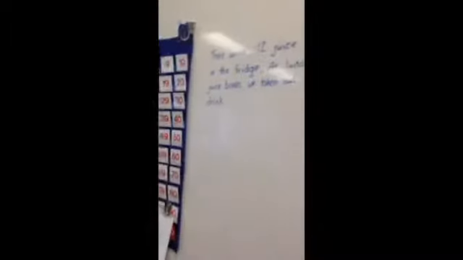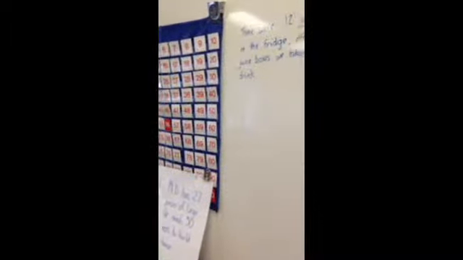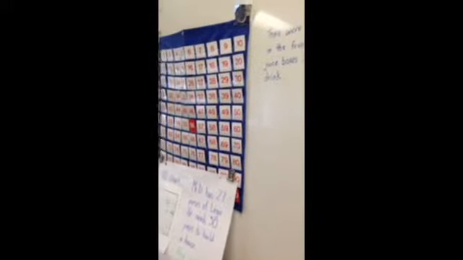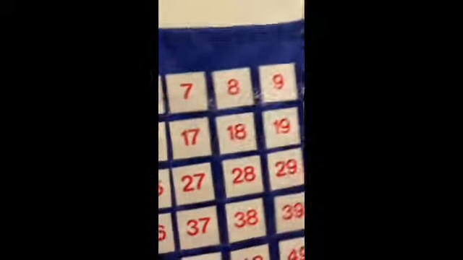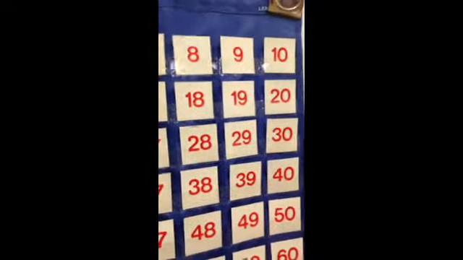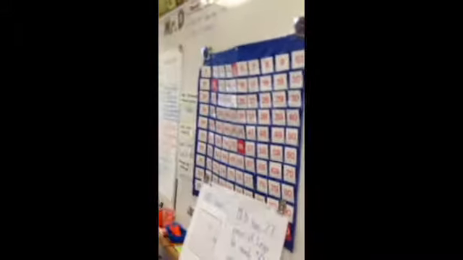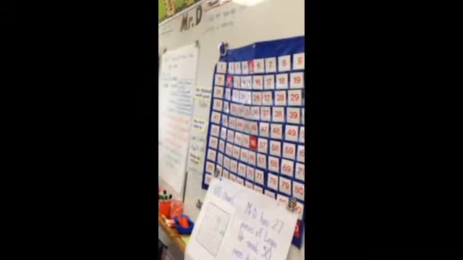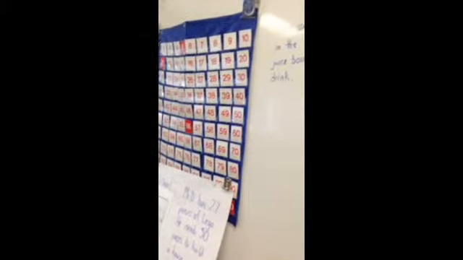So what's one way we could solve this problem? So we start at 5, and we're going to count forward all the way to 12. So we got 7. Now, that's one way.